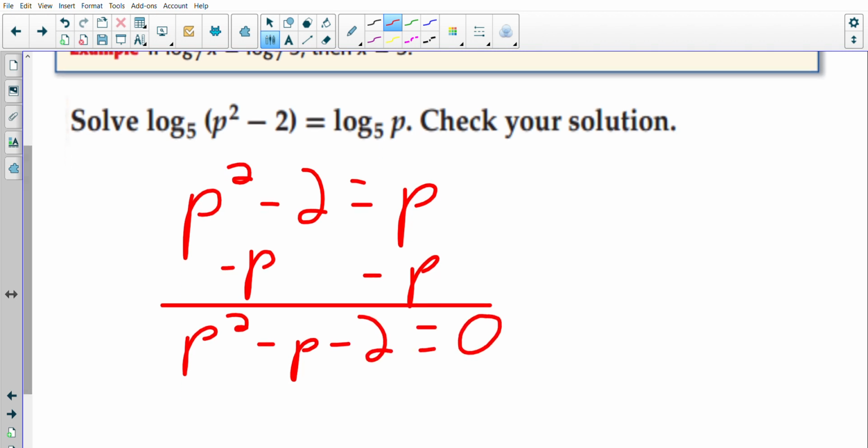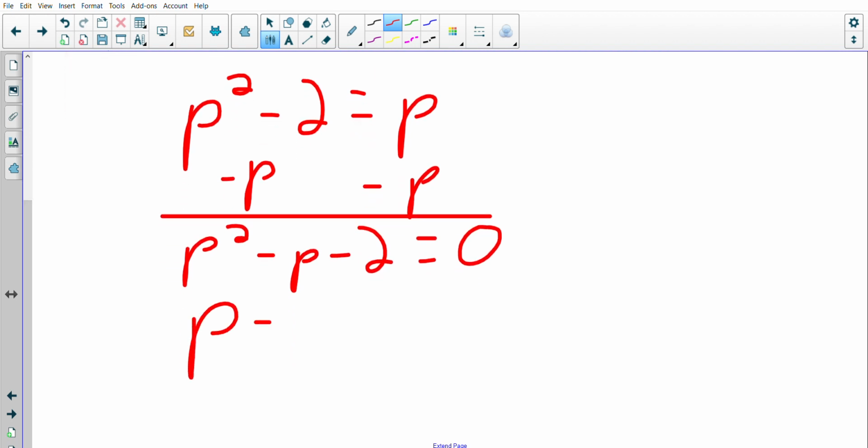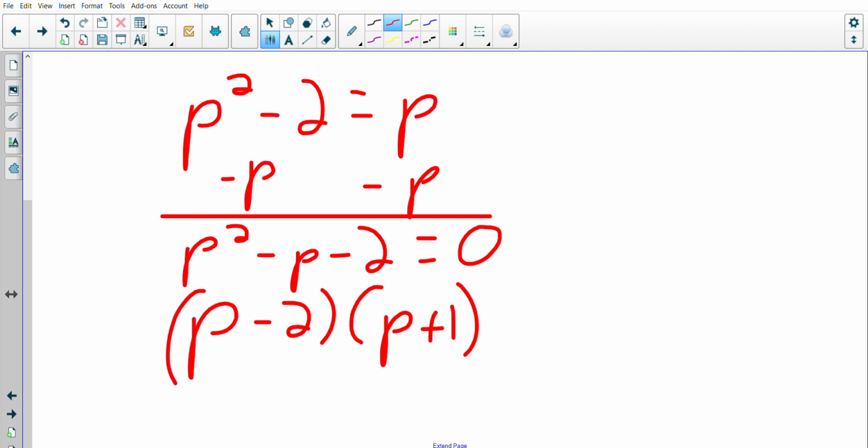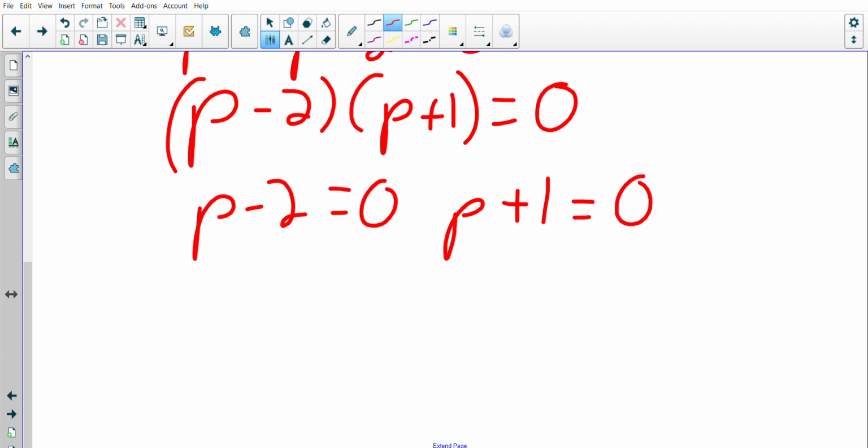Now this can factor: p minus 2 times p plus 1 is equal to 0. Setting both equal to 0, I get p is equal to 2 and p is equal to negative 1.